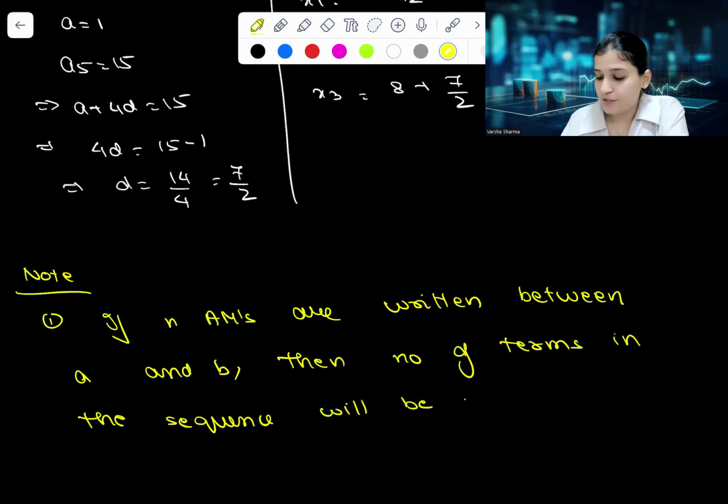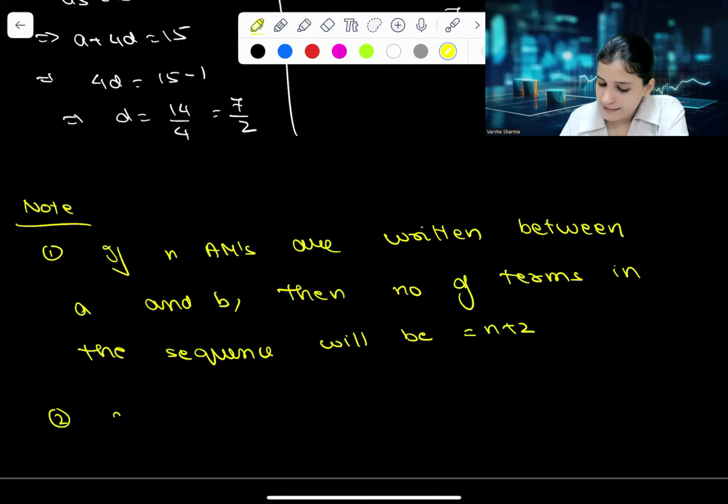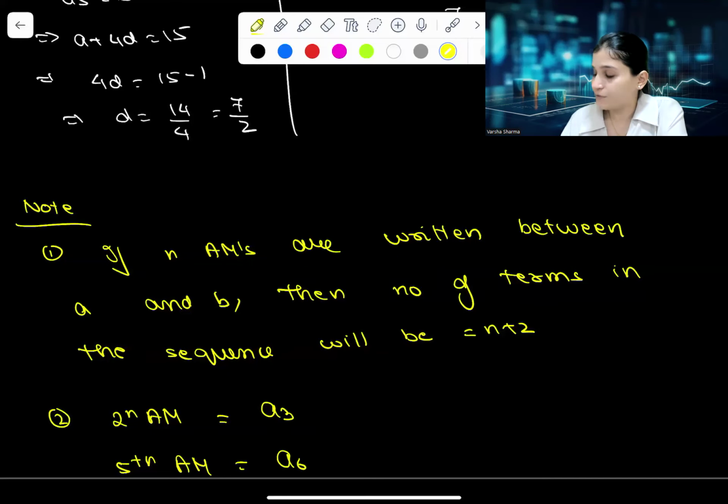N plus 2. Yes or no? The second arithmetic mean is the third term of the sequence. Fifth arithmetic mean will be A6, the sixth term of the sequence. Nth arithmetic mean will be the (n plus 1)th term of the sequence.